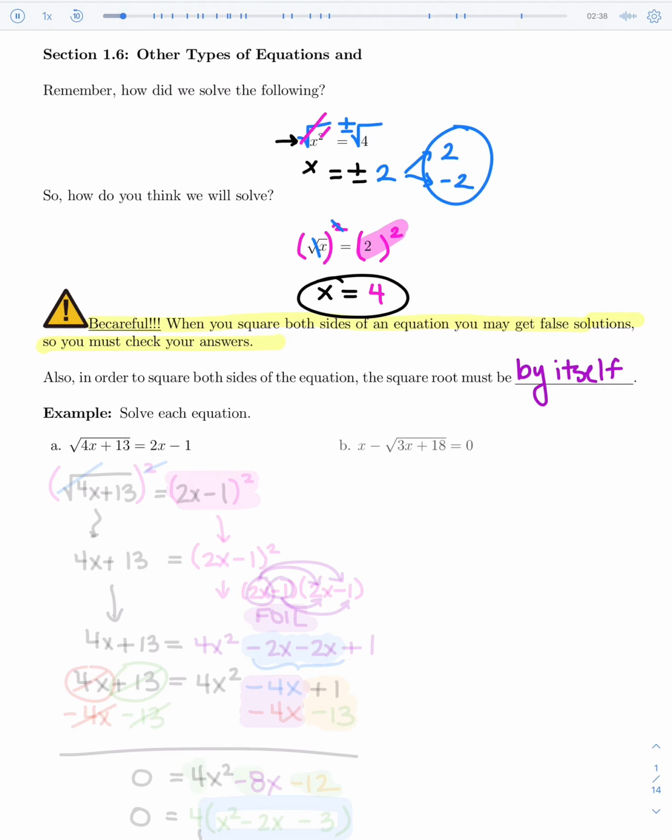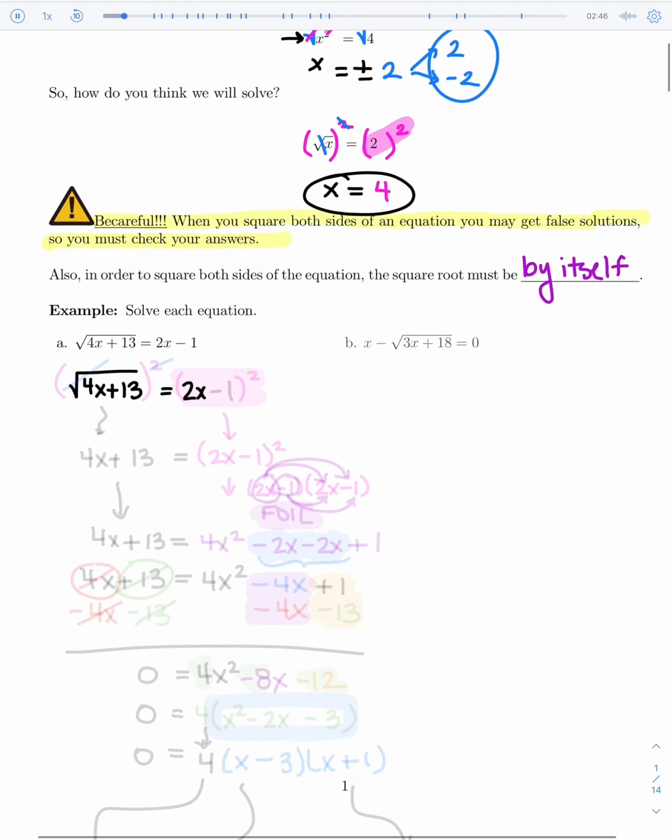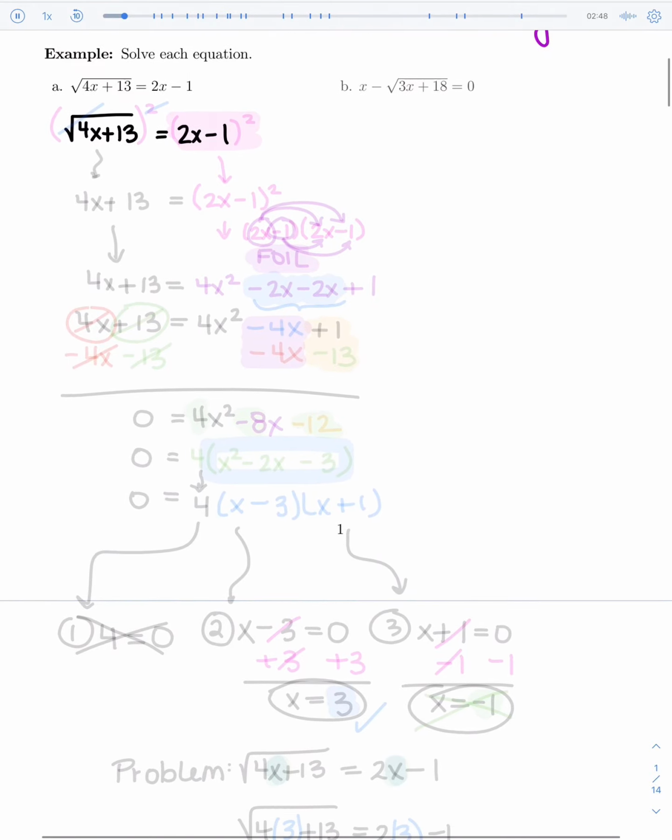On this first example, problem A, we've got the square root of 4x plus 13 equals 2x minus 1. Now, we've got a square root. We can get rid of the square root by squaring both sides as long as the square root is by itself. The square root on the left-hand side doesn't have anything next to it, so it is by itself.